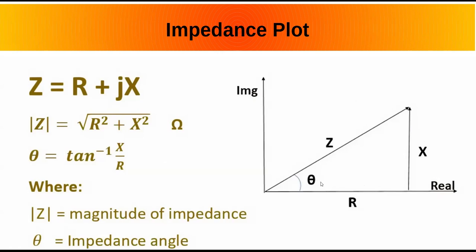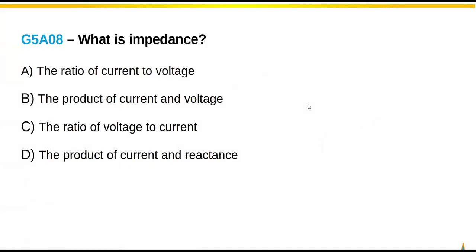The phase angle associated with that is going to be the arctangent of the reactance divided by the resistance. So a lot of times you'll have an impedance magnitude at a certain phase angle. You do that with power factors, which we'll talk about later.